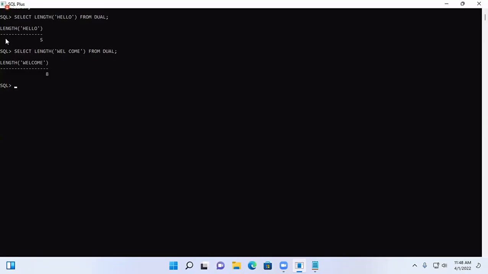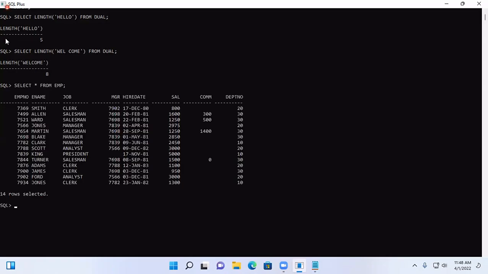In the same way, we can use it on a table. For example, this is your table, guys. In this table, can you see employee names are there? Suppose I want to find which employee name has 6 characters.